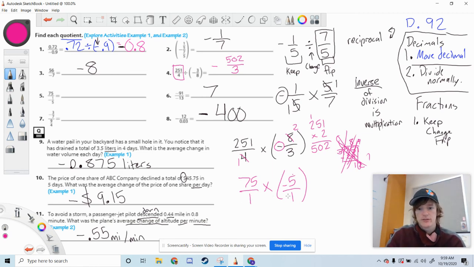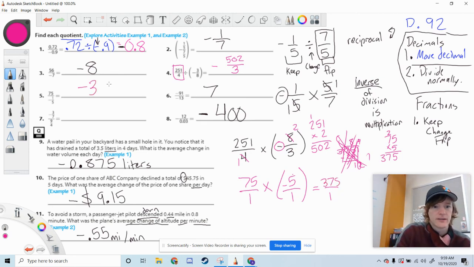So I have two numbers that are wholes, so my final answer is just going to be a number of wholes, and I need to do 75 times 5. 5 times 5 is 25. 7 times 5 is 35, 36, 37. So I've got 375, and make sure it's negative. Negative 375.